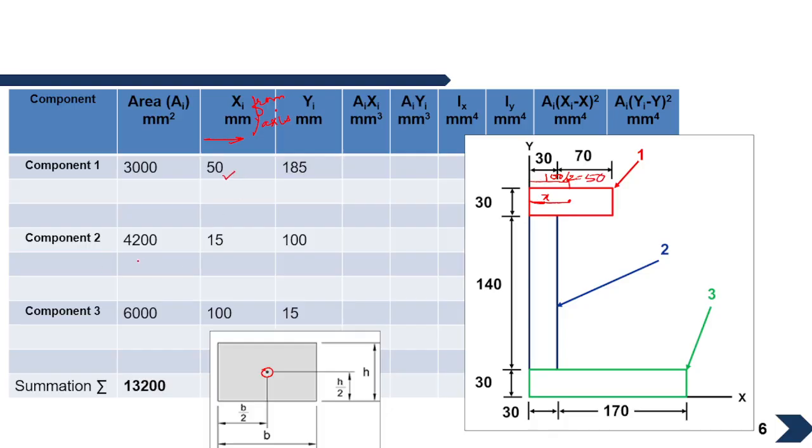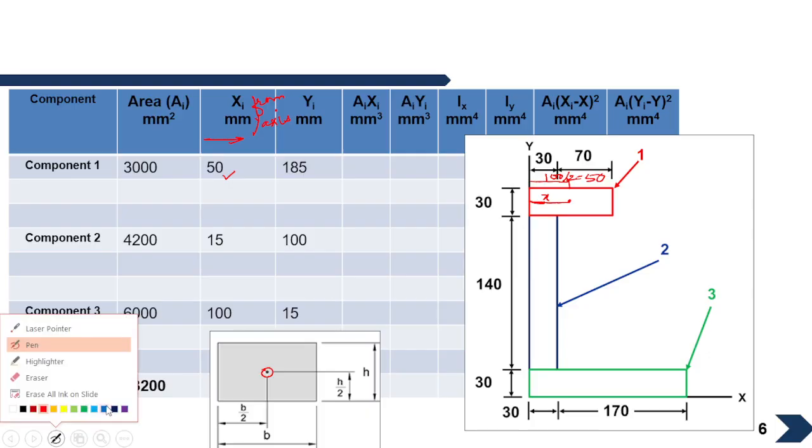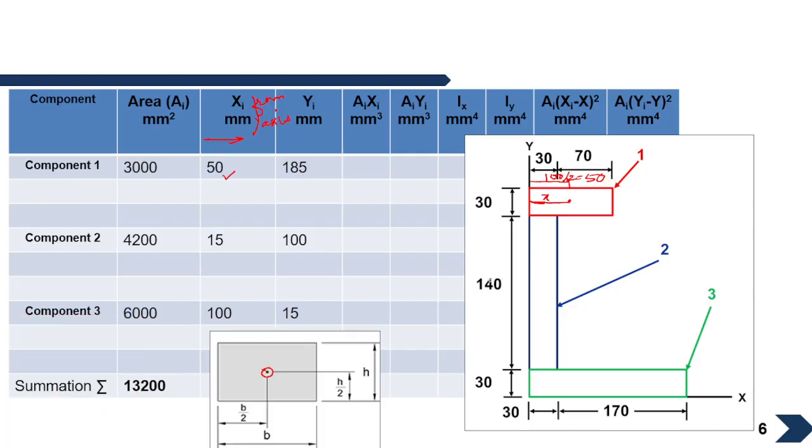Similarly for component 2, change the color. Component 2 is this, so somewhere here I will have the centroid.